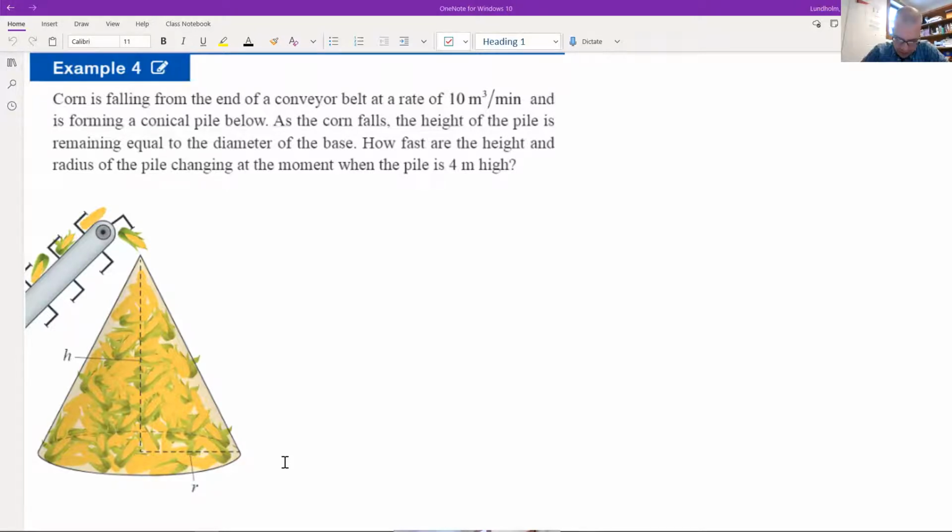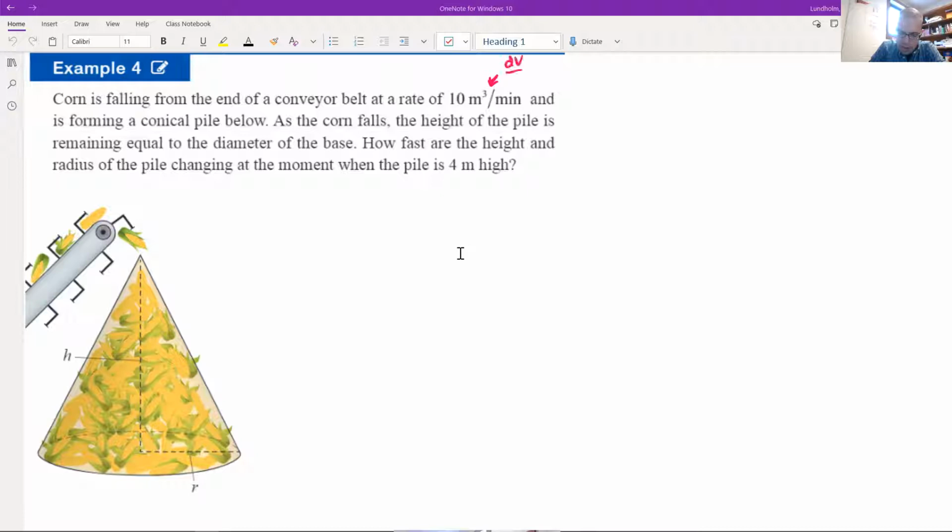All right, so let's again try to identify the important stuff that we've been given. This diagram's already kind of labeled. We've got more information. It's not as fully featured as the last one. The first thing we have is this 10 cubic meters per minute. To me, that's a rate of change of volume.